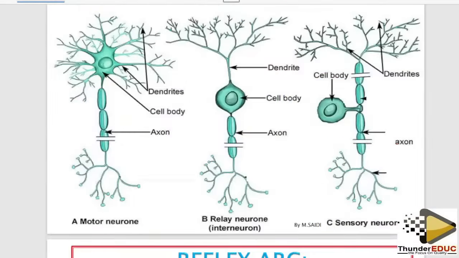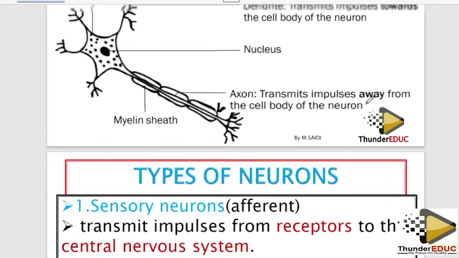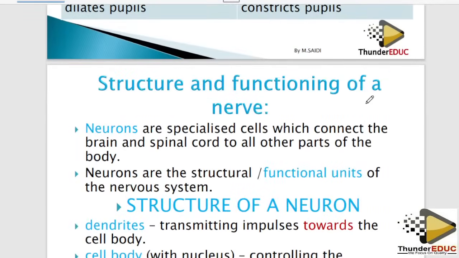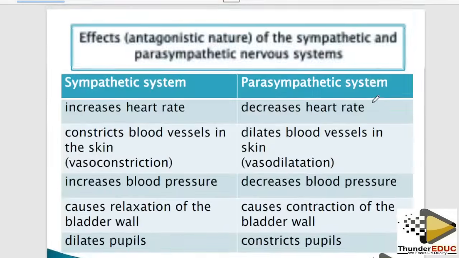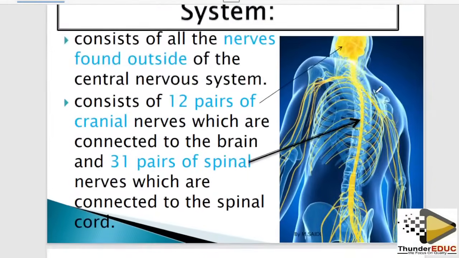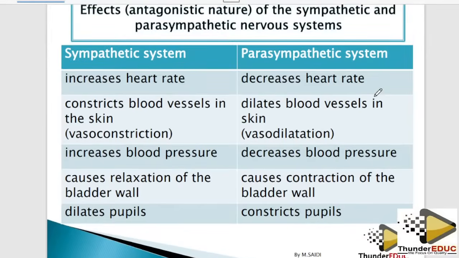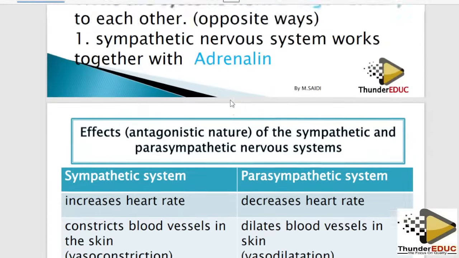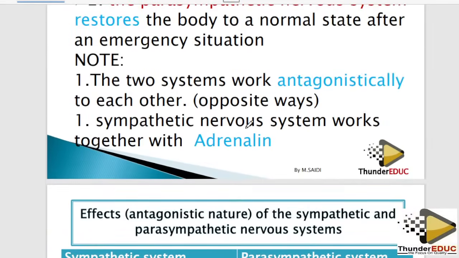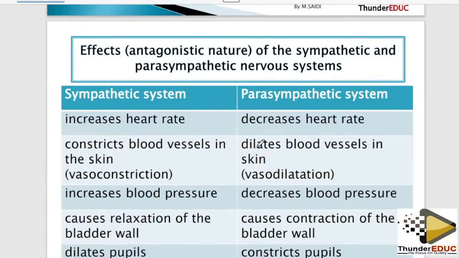Yes. So it's around here. Sympathetic and parasympathetic. Yes. Check. We say that the sympathetic nervous system works together with adrenaline. You see? And then what happens?